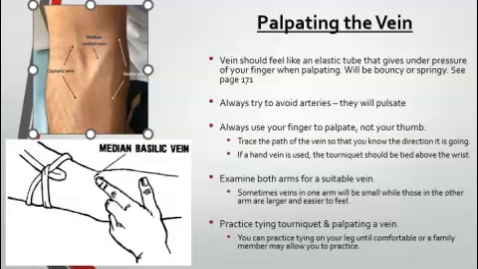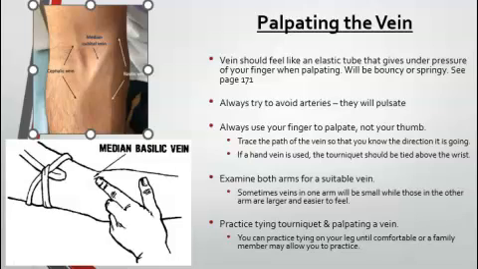The more you're able to practice tying your tourniquet and the more different arms you're able to feel veins on, the more comfortable you'll be when we're actually ready to start blood draws in class. So I encourage you to take a tourniquet home from class.